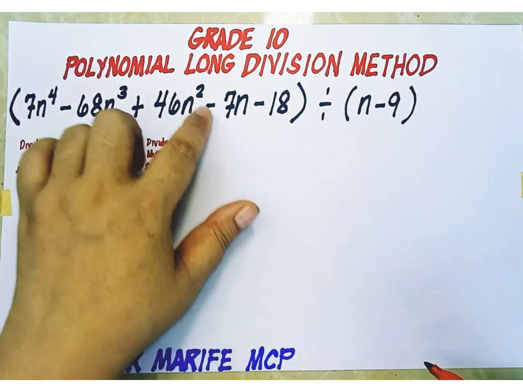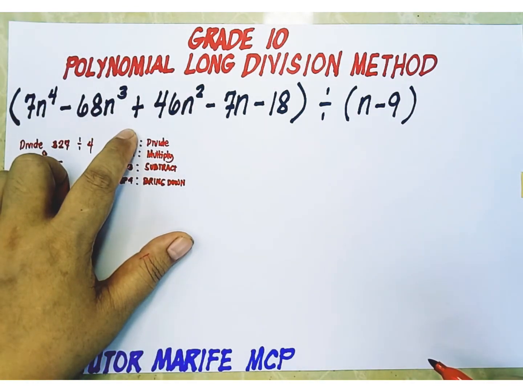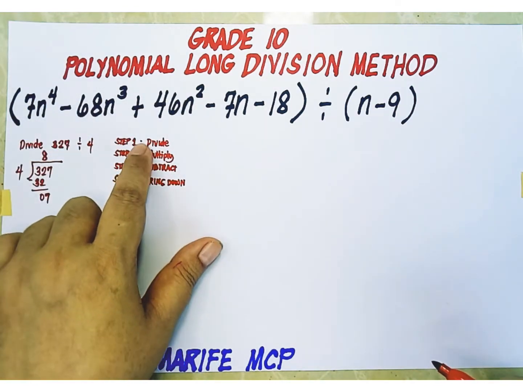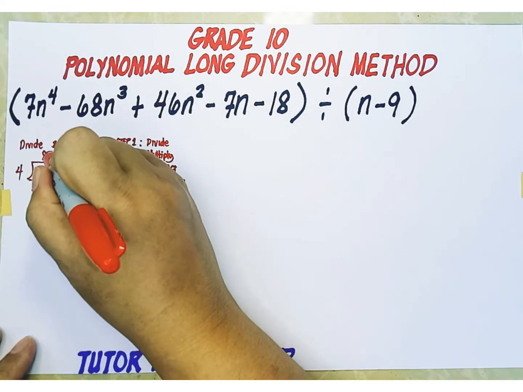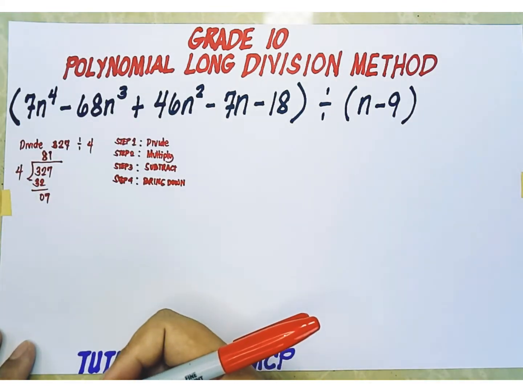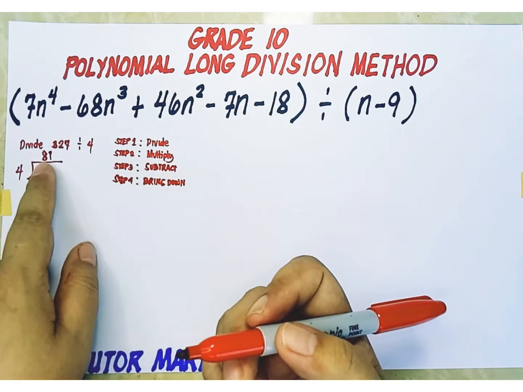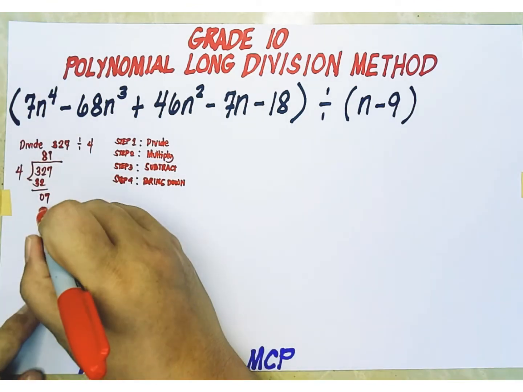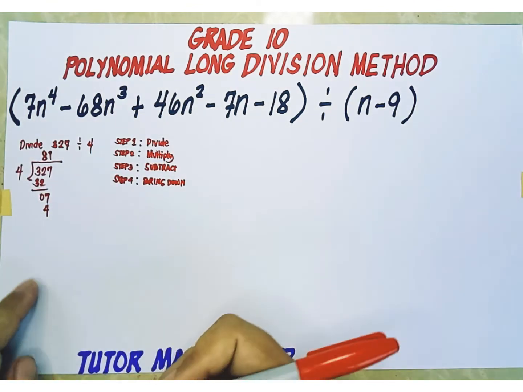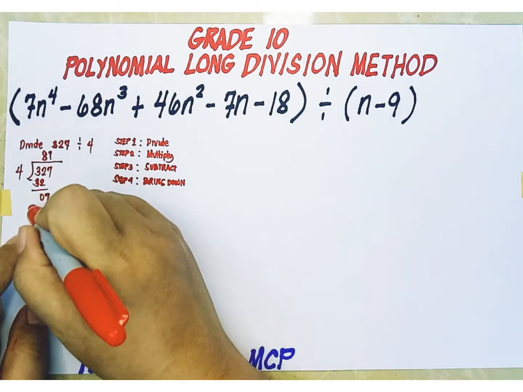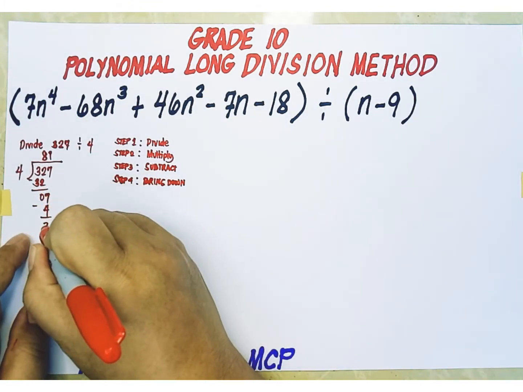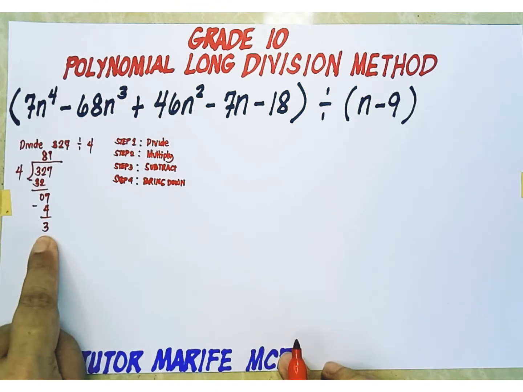Then we repeat the procedure. We divide again, 7 divided by 4, 1. We multiply 1 by 4. And we subtract 7 and 4. Then we find the remainder.